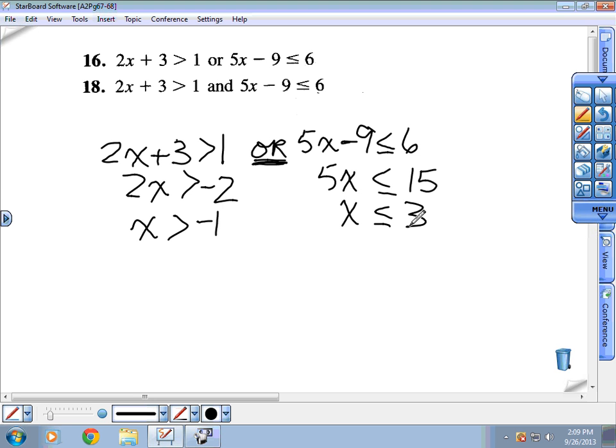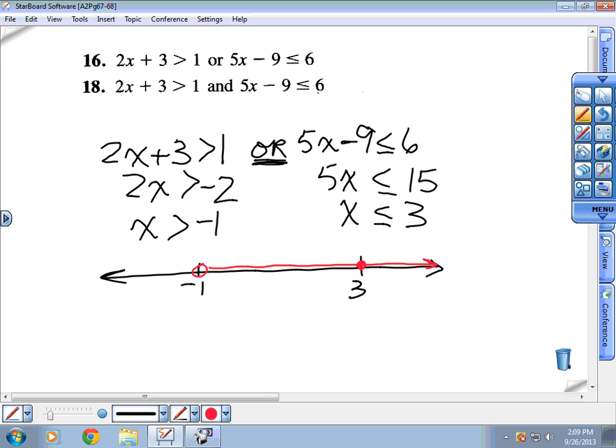So now I can draw my number line, plot my 2 points. I have a positive 3 and negative 1. X is greater than negative 1 is here, or x is less than or equal to 3.